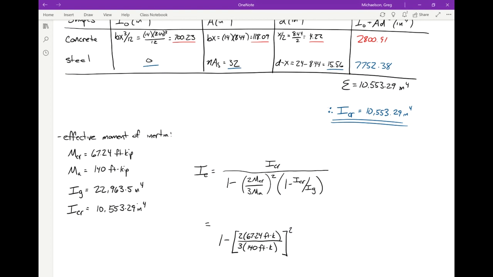That term is squared. 1 minus, and then on the cracked moment of inertia, we have 10,553.29 inches to the fourth, and then 22,963.5 inches to the fourth. So the units cancel as well. So the only units we're left with are the units from up top, which is in inches to the fourth, 10,553.29 inches to the fourth.